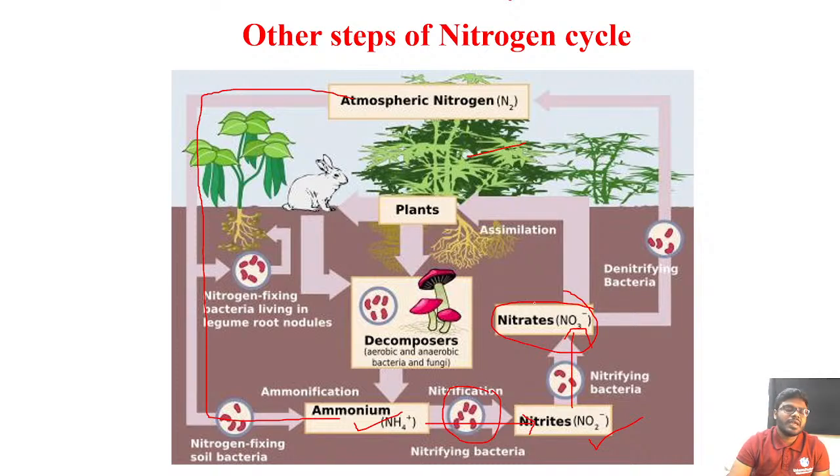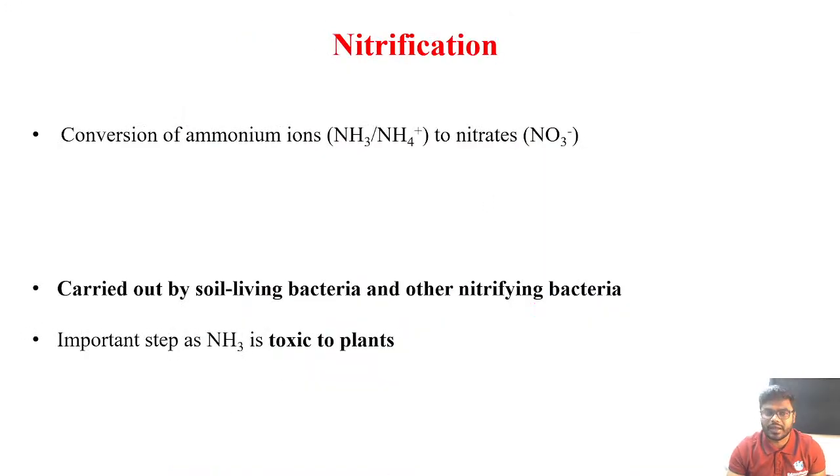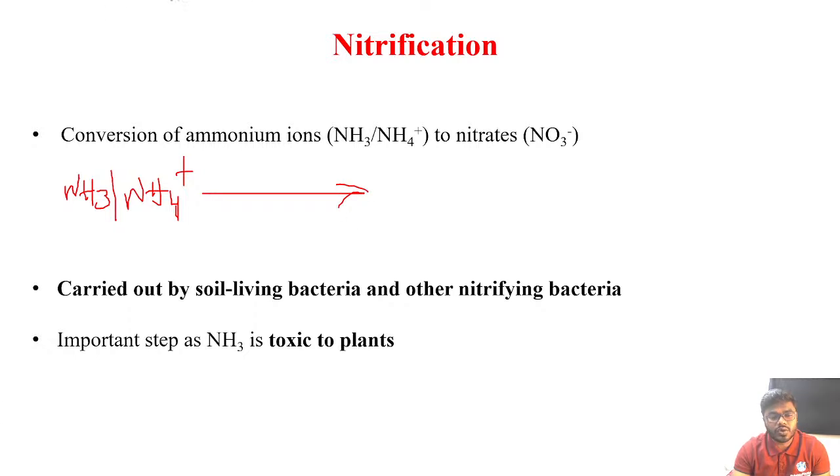The entire process is called nitrification, but the types of enzymes involved are entirely different. Please do not forget this statement. First NH3 or NH4 plus is converted to NO2, and then later NO2 is converted to NO3. This is what we read.